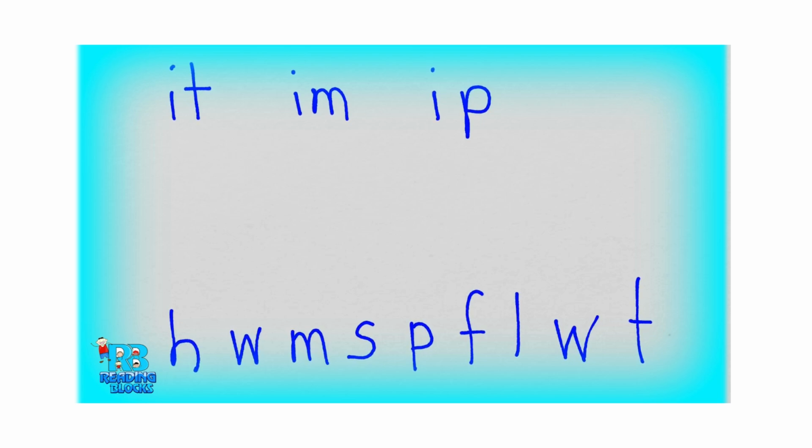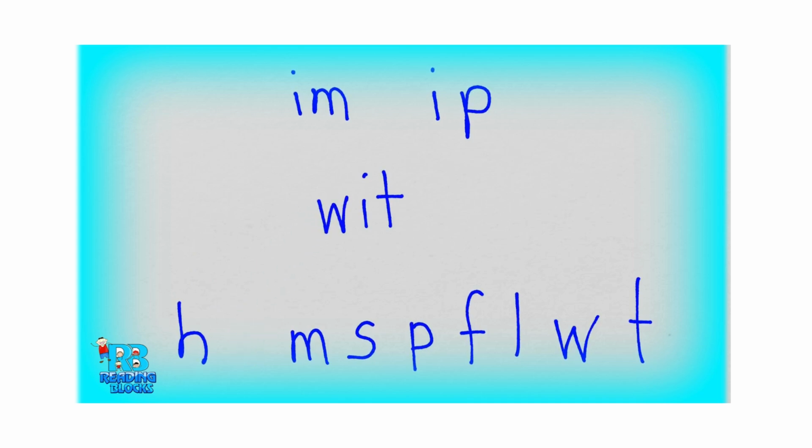Okay, let's take our first word family, it. And let's combine these letters and make some words. You ready? Let's take our h, and we have it, hit. Very good. Now how about let's bring this back and take w.